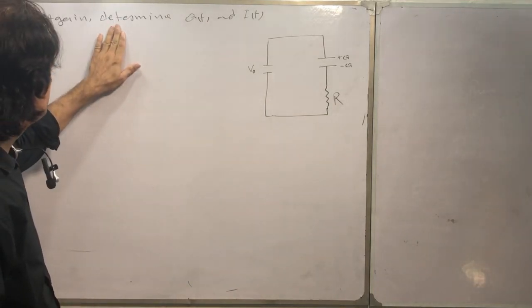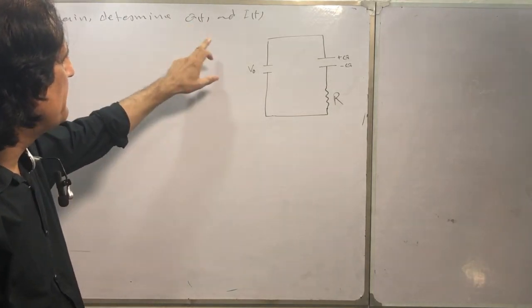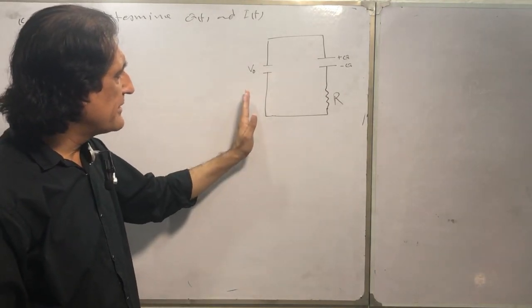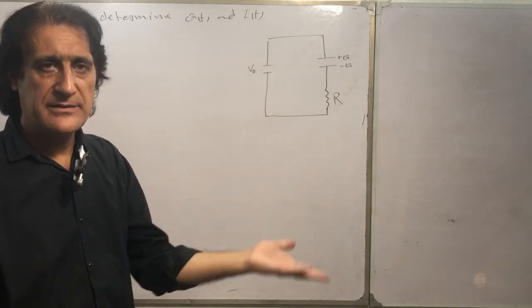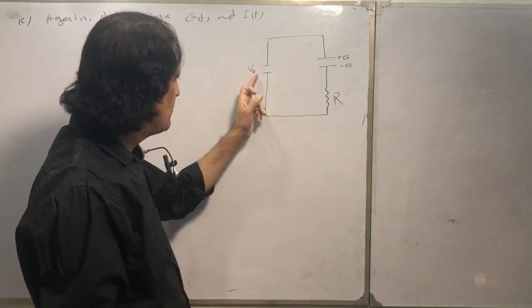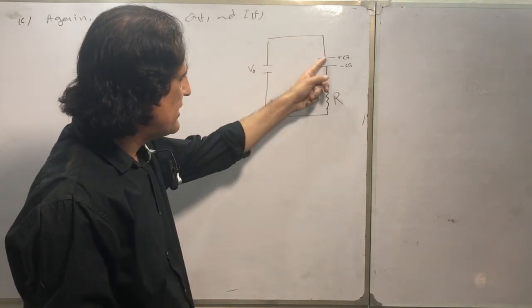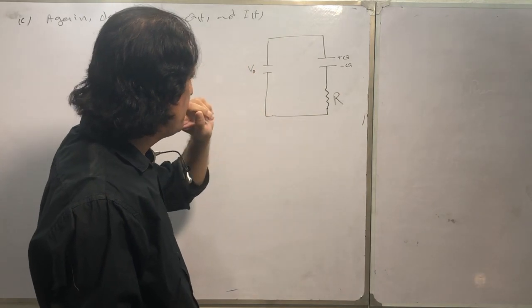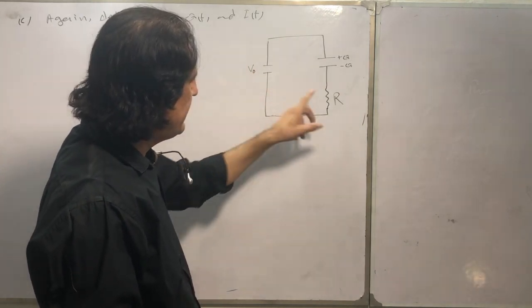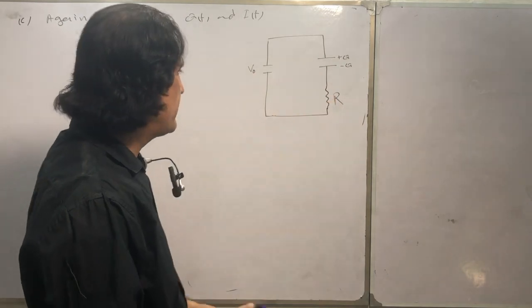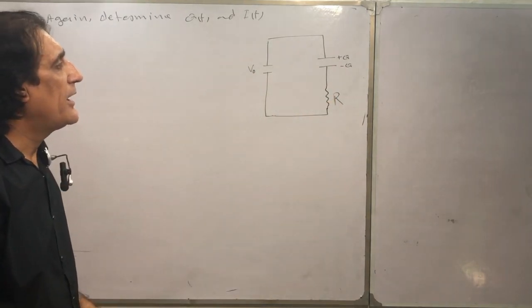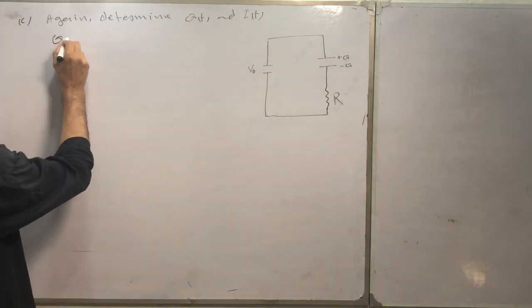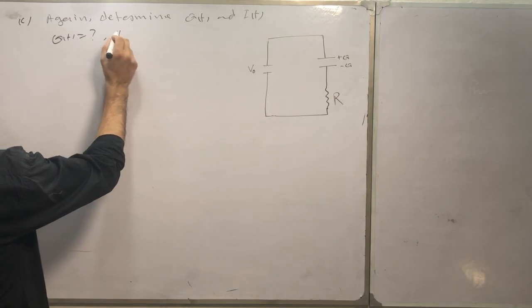Again, we are asked to determine the q of t and I of t, the same thing, but the diagram is a little bit different. Here the voltage is applied and this is a capacitor which can be charged due to this V naught, the potential, and this is the resistor R. Then how to find out the expressions for q of t and I of t?